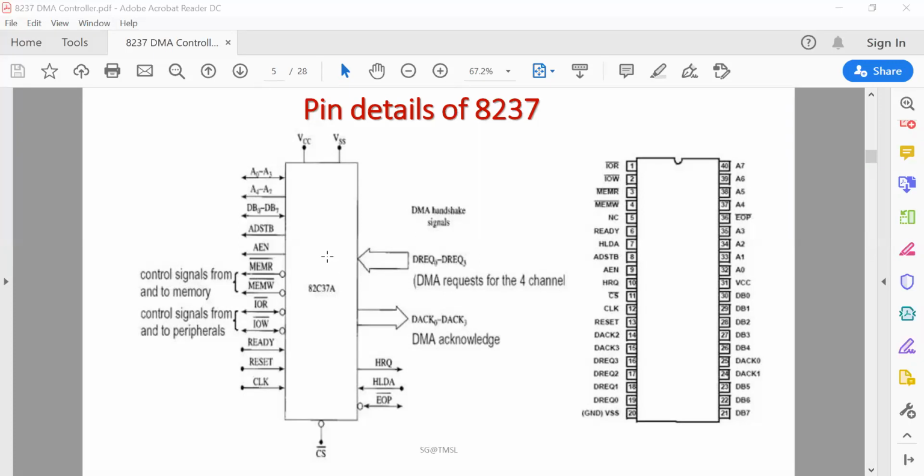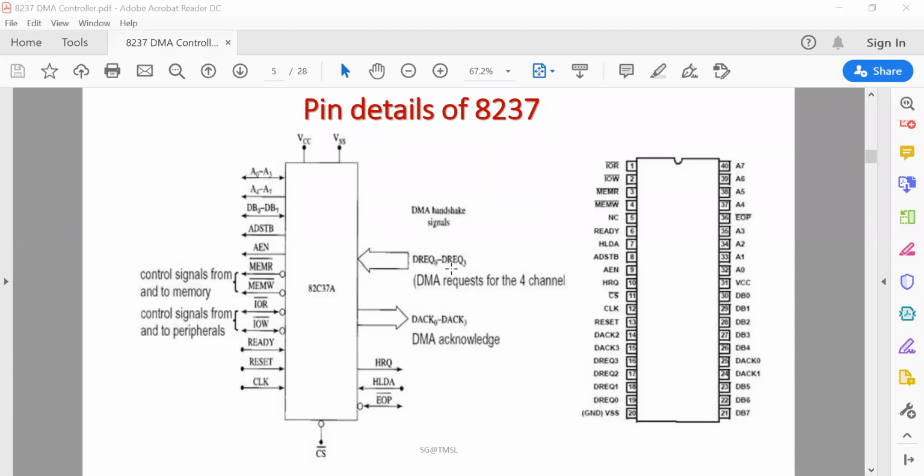Next is the DREQ. DREQ 0 to DREQ 3 are the DMA request inputs. These inputs are used by the individual channels, request inputs driven by the peripheral devices to request a DMA service. DREQ 0 has the highest priority, while DREQ 3 has the lowest priority.